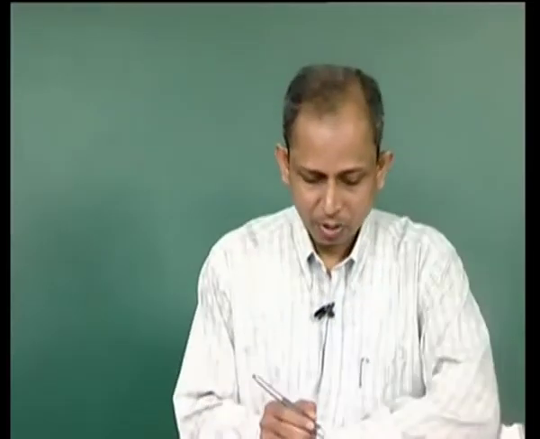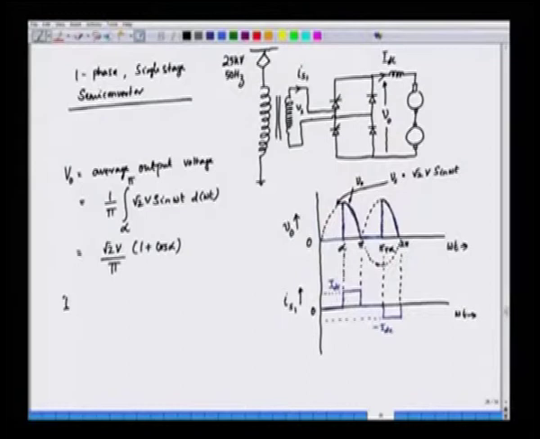In fact, if we want to find out, Is1 is the fundamental component of the input current, IS1, and we take the RMS value here, the fundamental component within RMS.